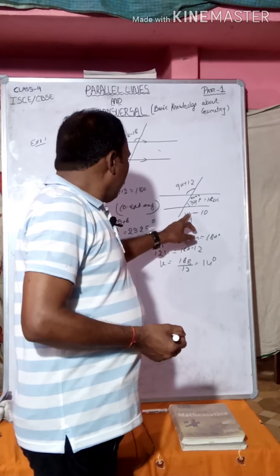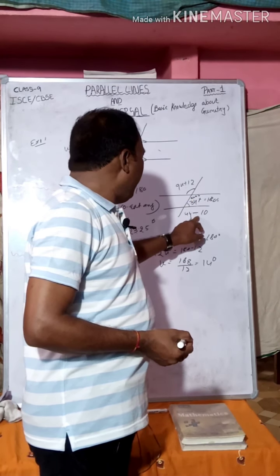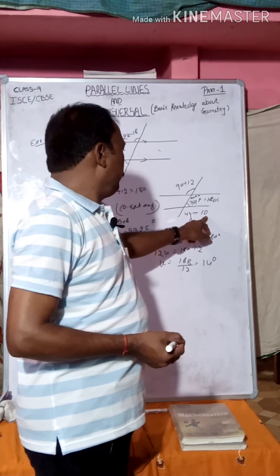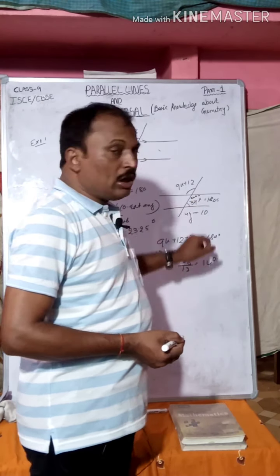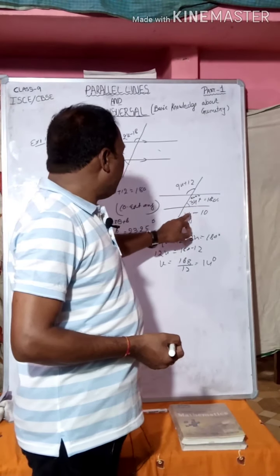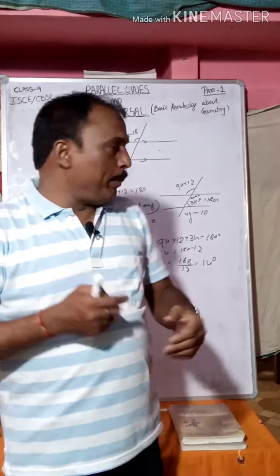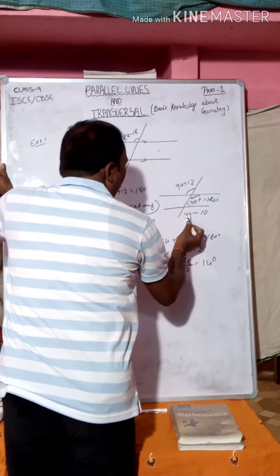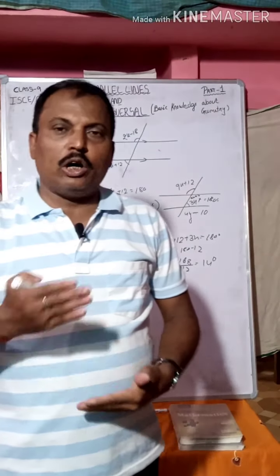Now, 9x plus 12 and 4y minus 10: this angle and this angle are corresponding angles, or 3x and 4y minus 10 are a linear pair. You can take any angles and solve it.